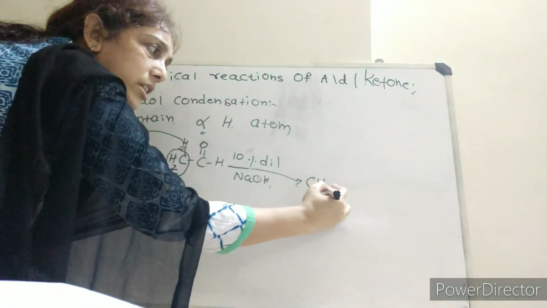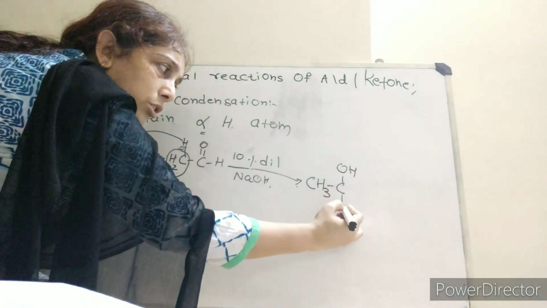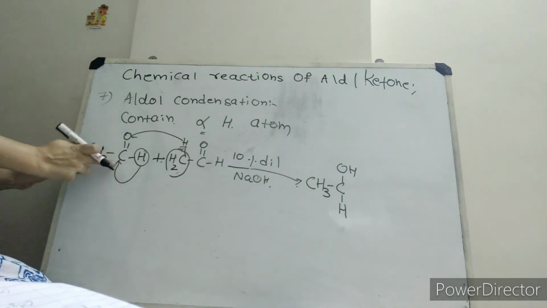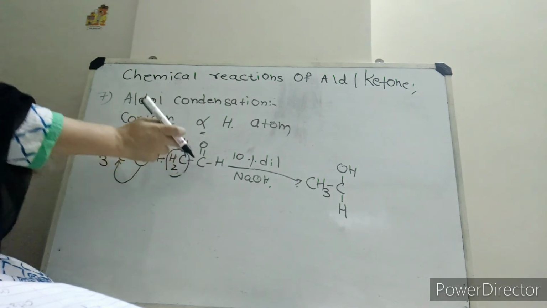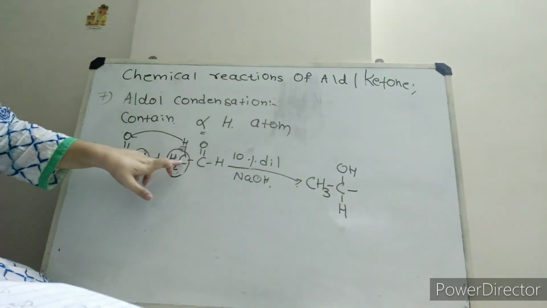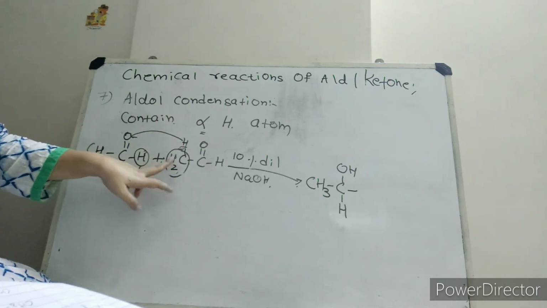So it will be like this: CH3COH, and below this the hydrogen. I have written CH3CH because I want to join this molecule also. So in this molecule's continuation, instead of CH3, one hydrogen we have given to the first molecule, now only 2 hydrogens are left.